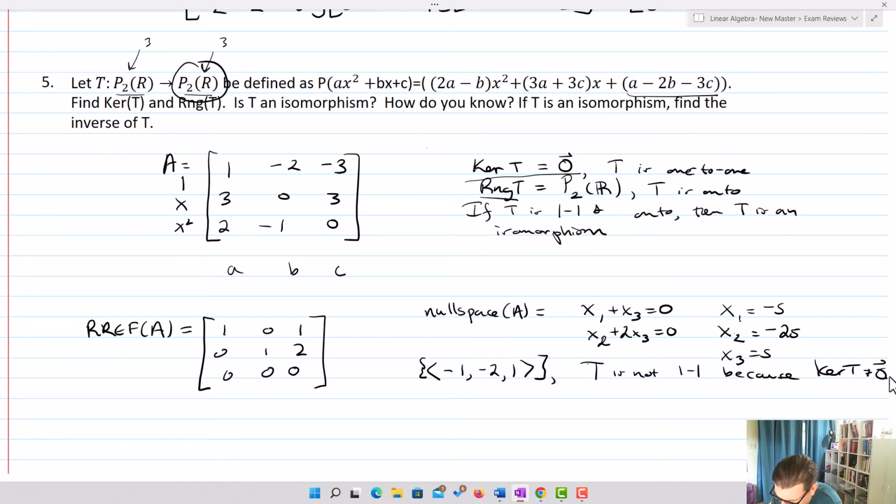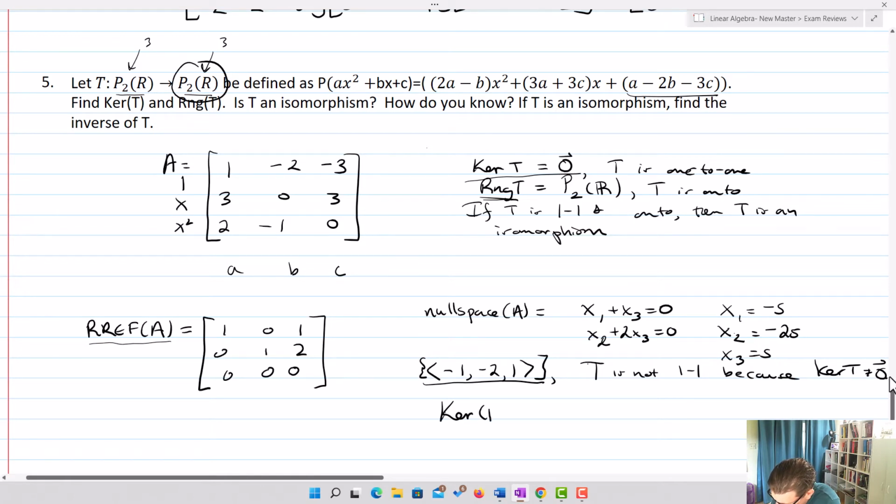Now I'm going to go back to my RREF of A in order to help me find the range of T. The range of T is going to be the column space of A. So before I do that, I should change this back into a vector in P2R. So the kernel of T, remember, the first term is the constant, then the x term, then the x squared.